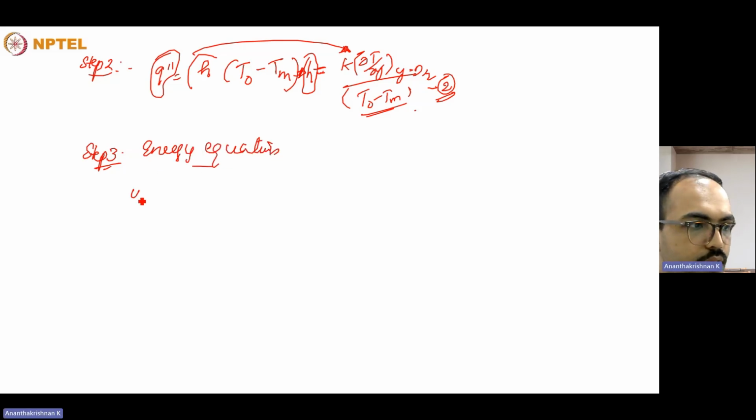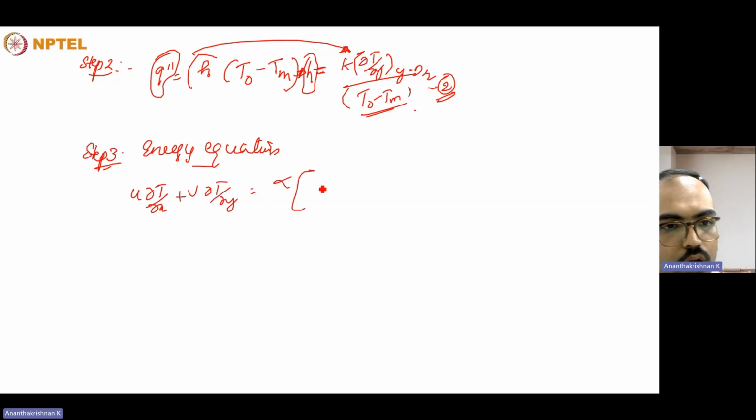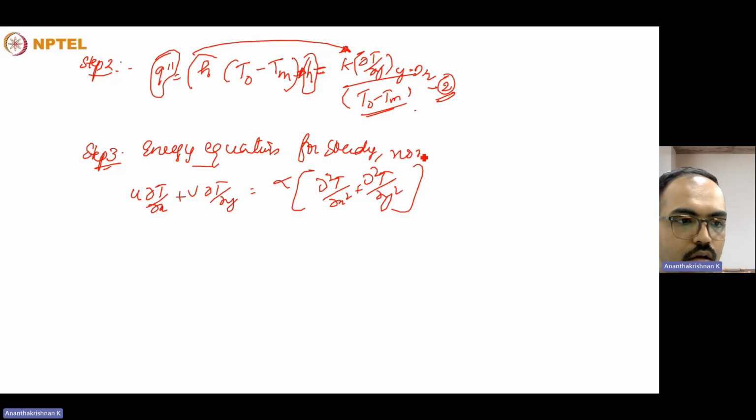The original energy equation would be u dou T by dou x plus v dou T by dou y is equal to alpha times dou square T by dou x square plus dou square T by dou y square. This is the energy equation for steady flow without viscous dissipation and heat generation.